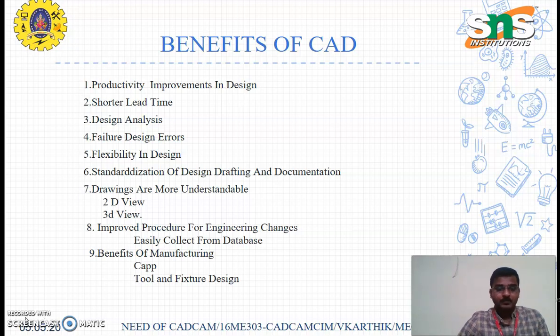We can easily identify or analyze some other solution for that design error and change it. We can easily find the product failure or the design failure at a particular time through the software. So it can easily analyze, synthesize, or find out the design errors.